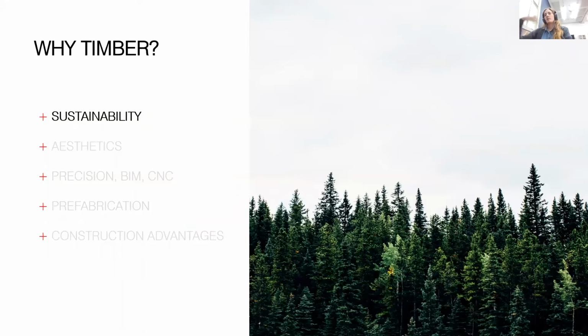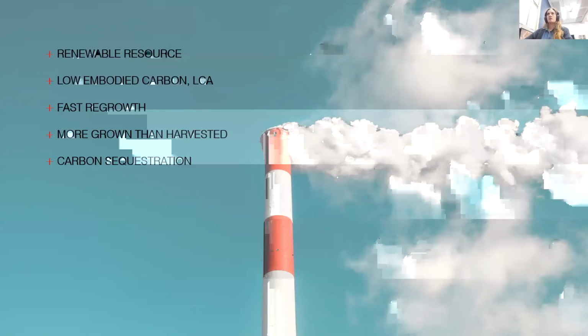So why timber? I would imagine the reason I'm here talking to this group today is because timber always comes up in conversation when we're discussing a sustainable or carbon smart material. I'll get into this a little bit more later in the presentation, but as a base point, timber is recognized as a sustainable material because it's a renewable resource.